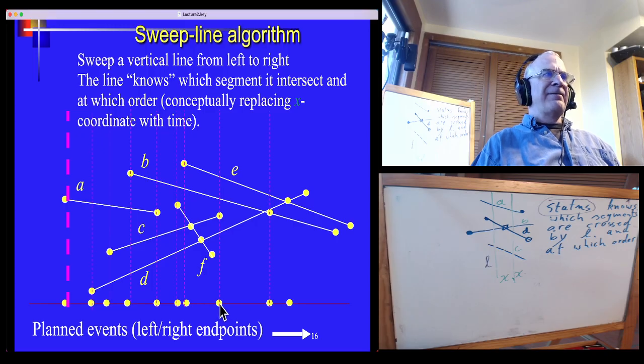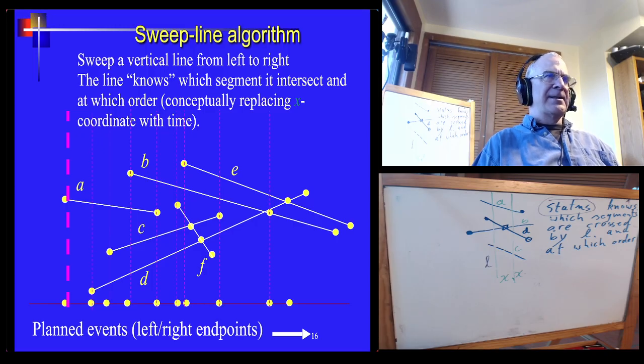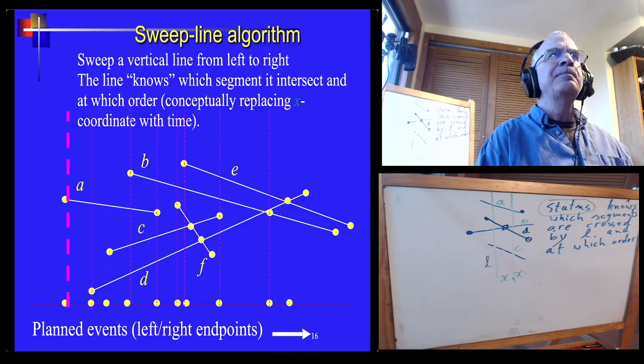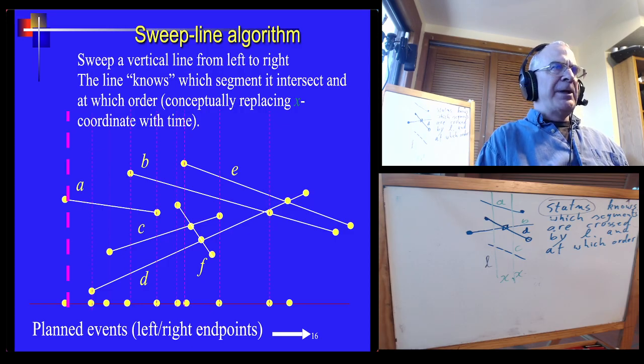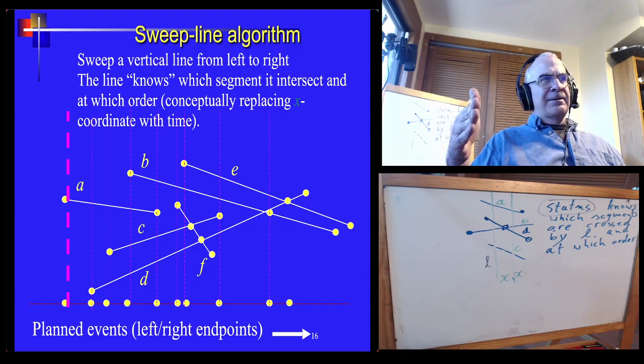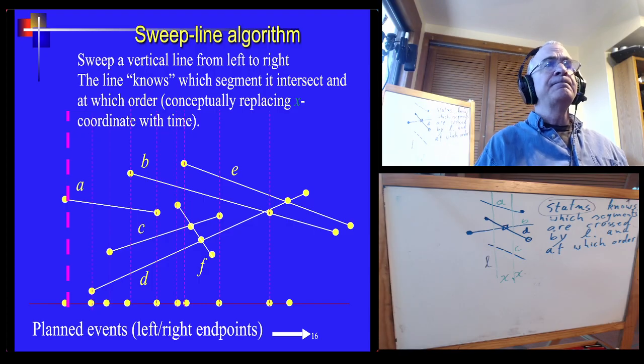How many events of this type, birth or death, do I have if I have n segments? Not a tricky question, but I still need an answer. How many events of the first two types? Either a birth event, the line sweep hits a leftmost endpoint, or a death event, the line sweep hits a right endpoint.